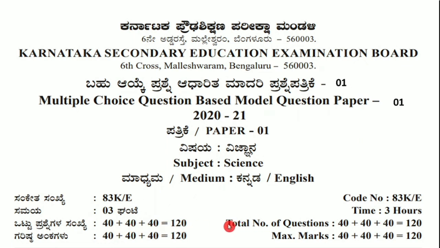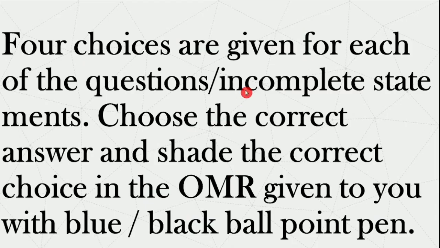Here we have instructions. We should follow the instructions because this year they have given an OMR sheet. In this OMR sheet, how to fill the answer, everything they have given in the instructions. So read properly and answer the questions. 4 choices are given for each of the questions, which are incomplete statements.